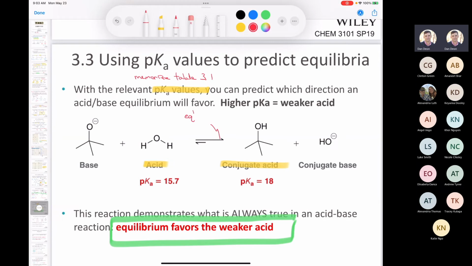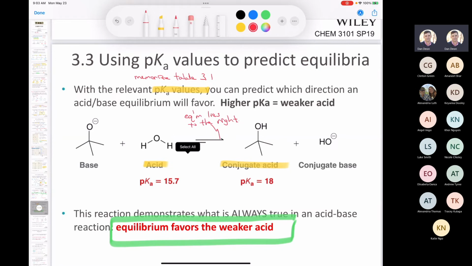So the equilibrium lies to the right side. Okay, so the equilibrium is always going to lie to the side of the weaker acid.